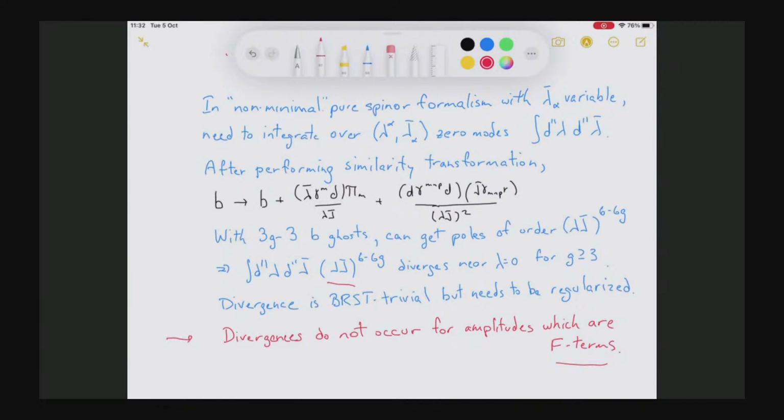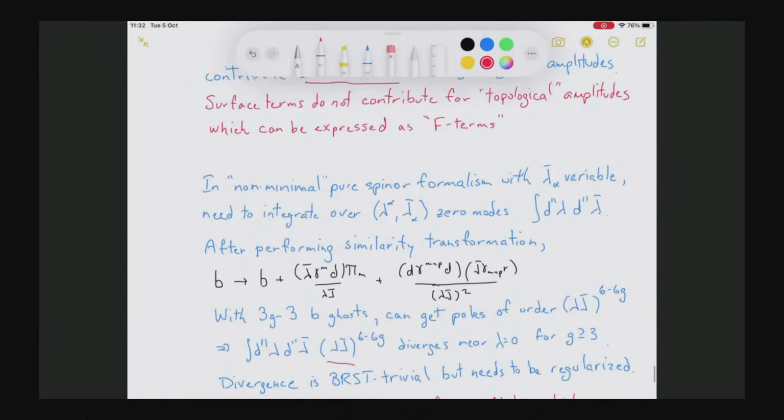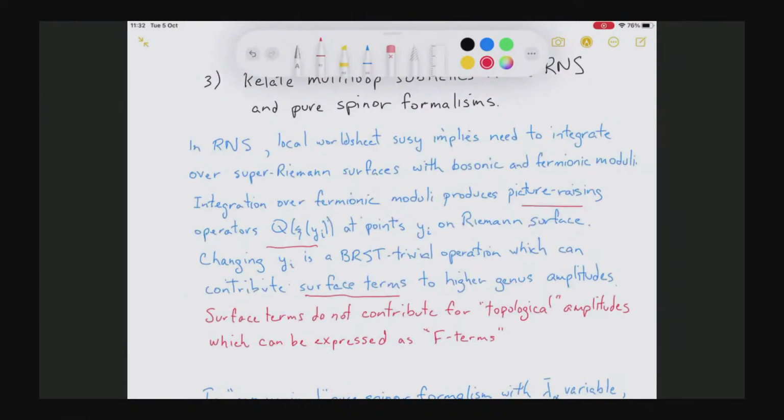Another way to try to answer your question, which I think has not been studied very much, is why in the RNS formalism these subtleties do not appear when the amplitudes preserve a subset of the space-time supersymmetry. There were some papers by Albert Schwartz talking about some kind of U5 description of RNS, which sounds like it has a similar flavor to what I'm discussing here.